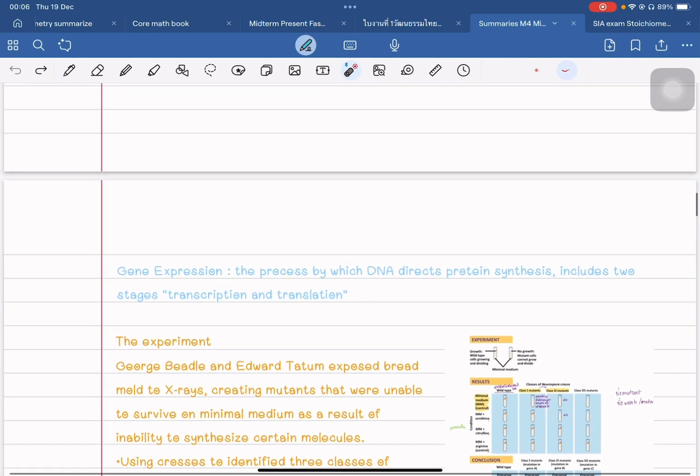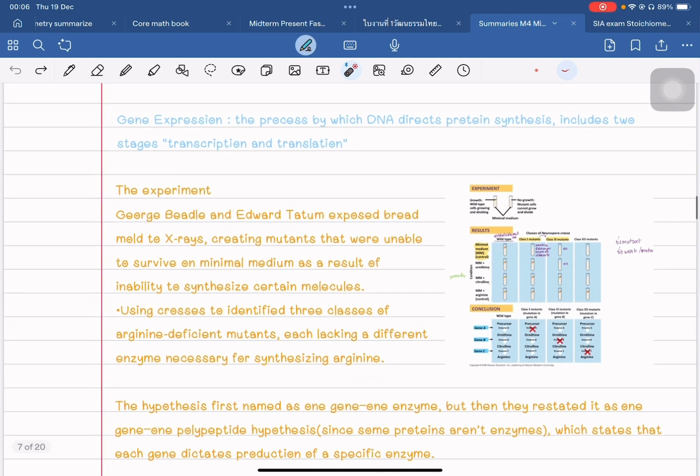Next, we're going to talk about gene expression. It is the process by which DNA directs protein synthesis and includes two stages, transcription and translation, which are the two steps in the central dogma other than replication.